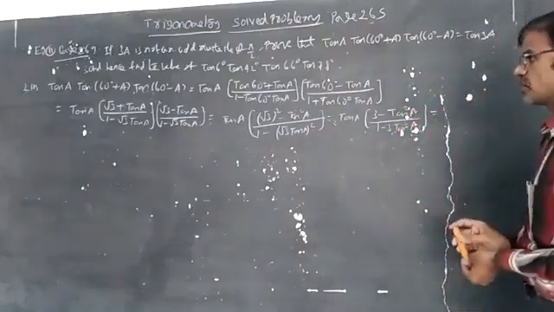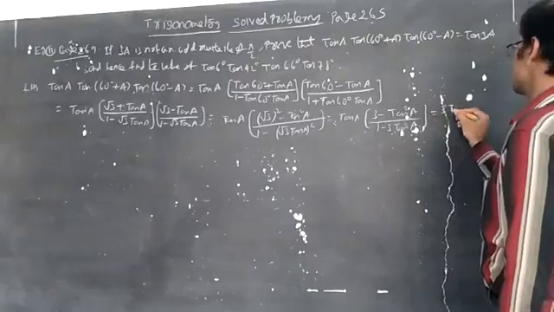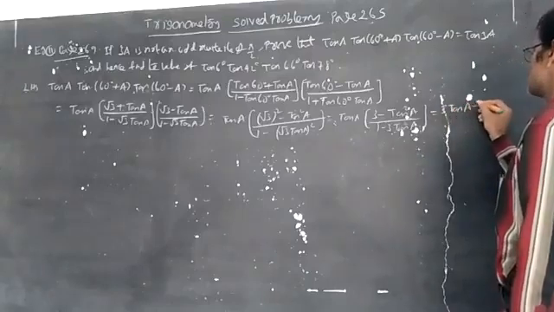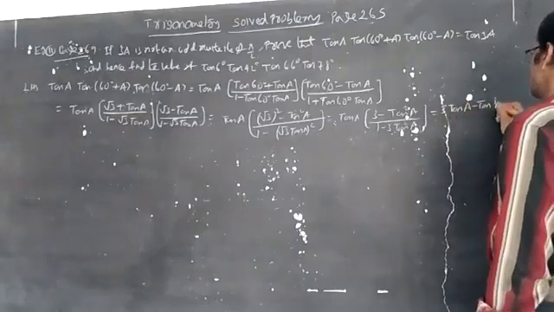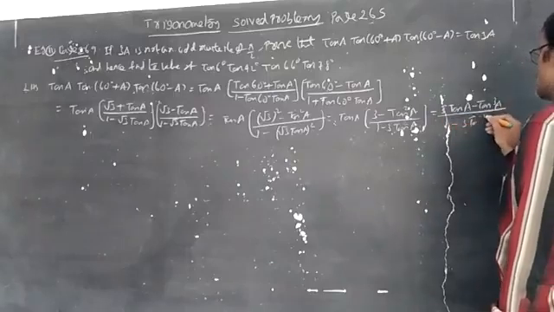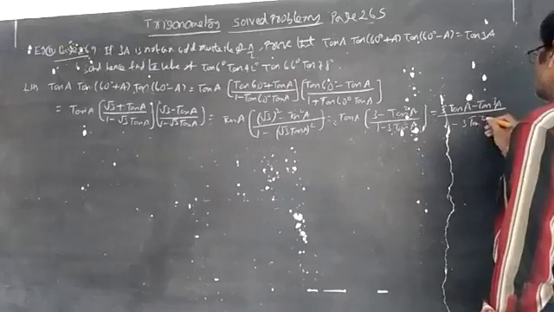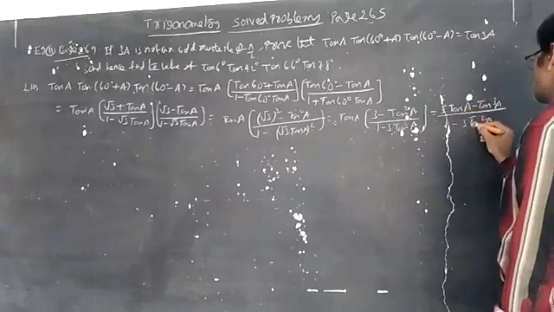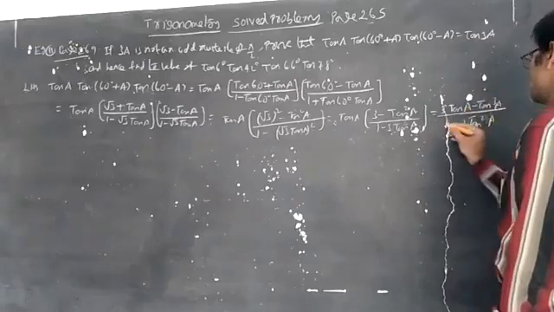So multiply with tan a. It becomes 3 tan a minus tan cube a by 1 minus 3 tan square a.